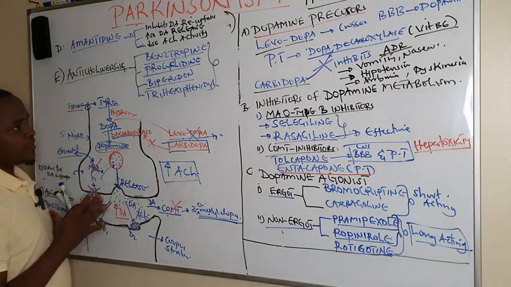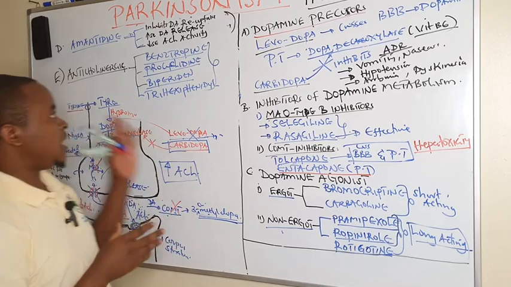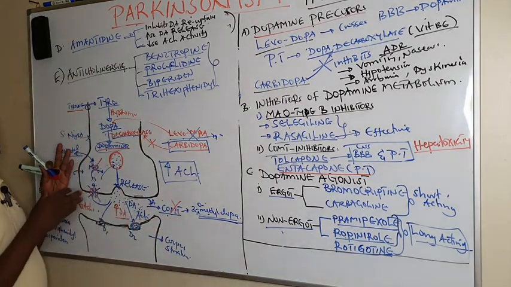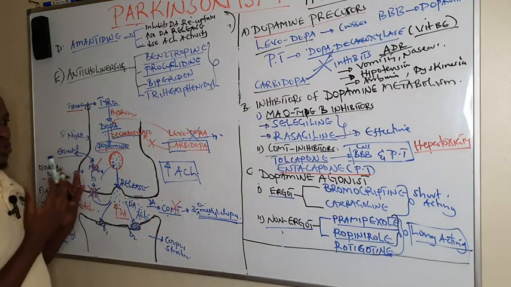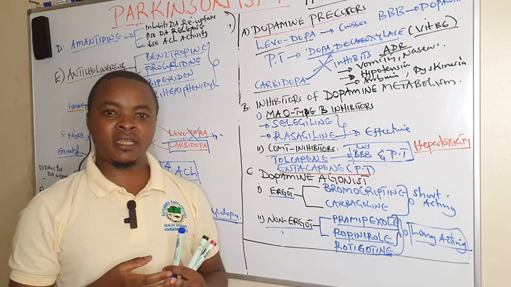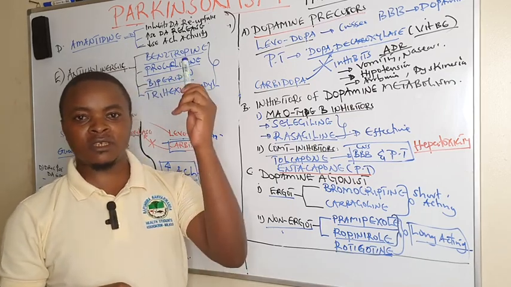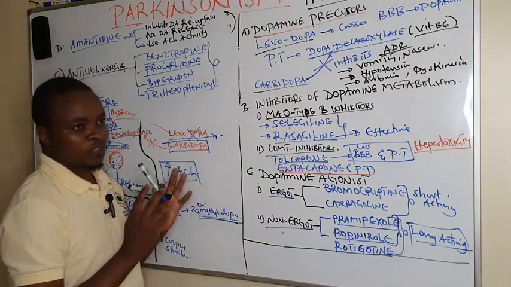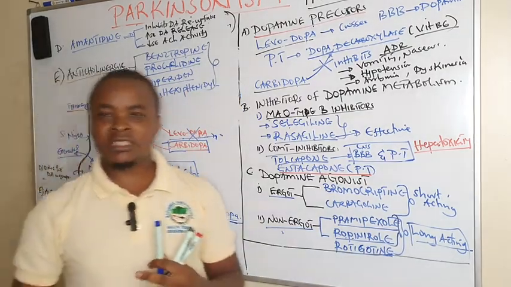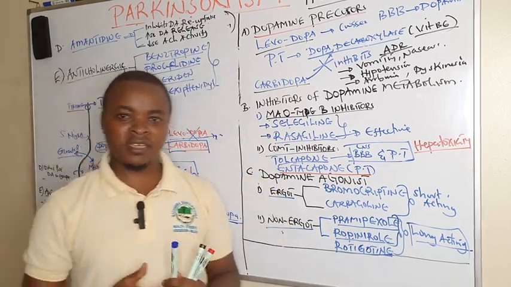So this is what we can discuss in this session about Parkinson's, where we have seen how it comes about. We have seen it is due to the failure of substantia nigra to release dopamine, hence leading to decrease in dopamine levels and increase in acetylcholine, which causes tremors, rigidity of muscles, then dyskinesia and hypokinesia.